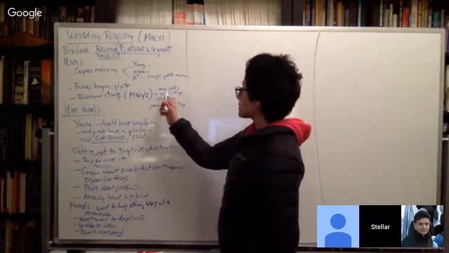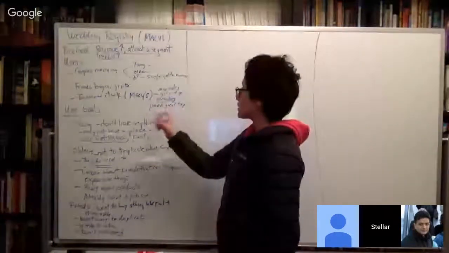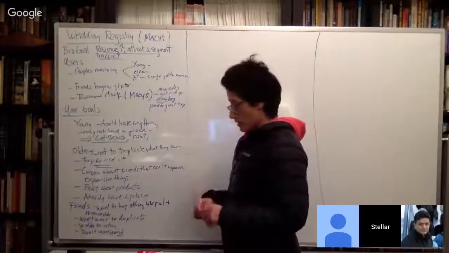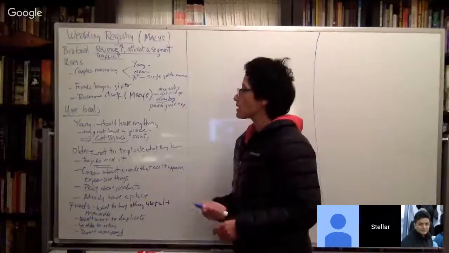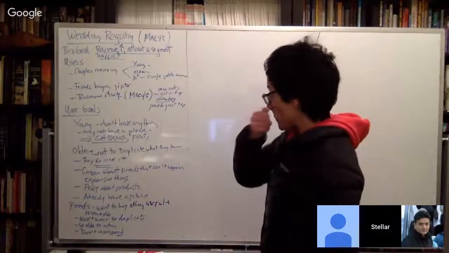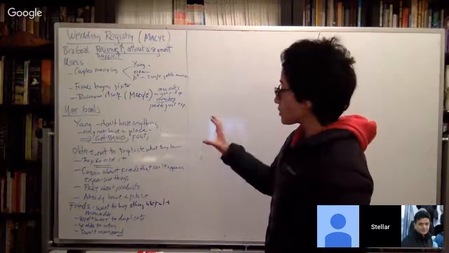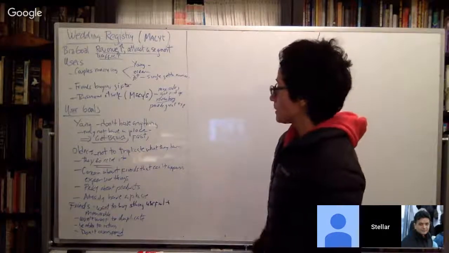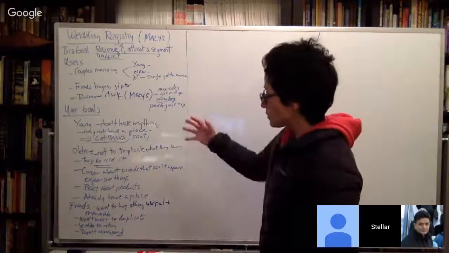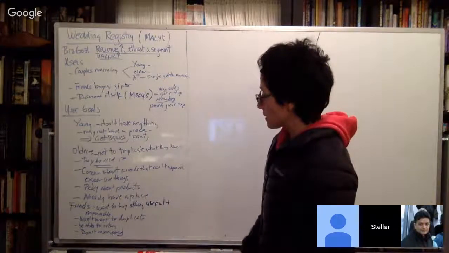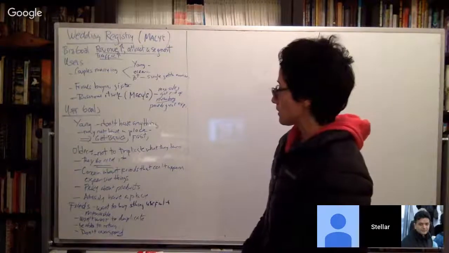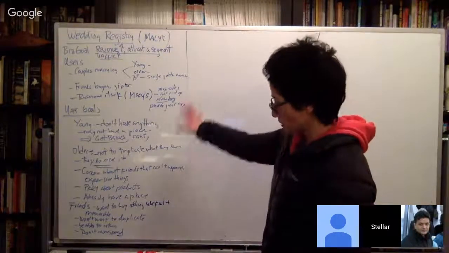Yeah, so they want to maximize sales, get rid of inventory, provide a great experience, like any other company would do. Now that we have the user goals, we have the users, our solutions have to target these users.